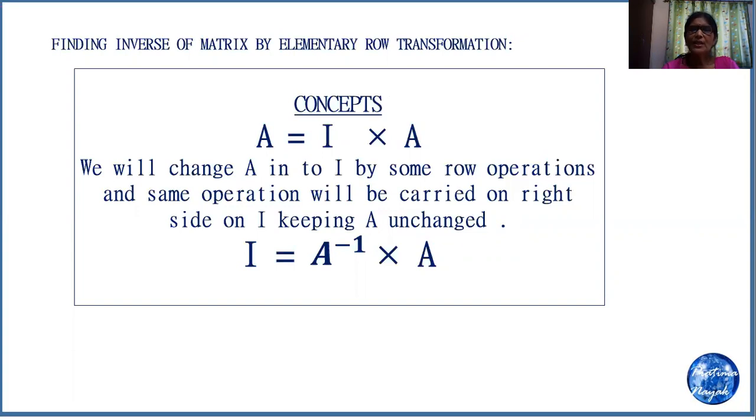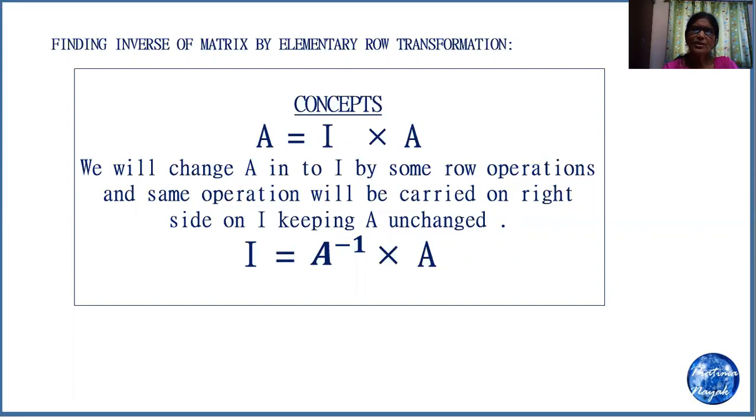We will change A into the identity matrix by some row operations, and there are also column operations. We do column operations on columns, but in this slide show we will do only row operations. The same operation will be carried out on the right side on the identity matrix, keeping A unchanged.